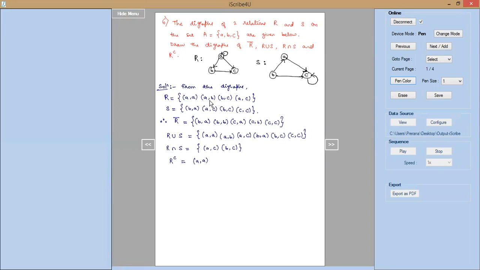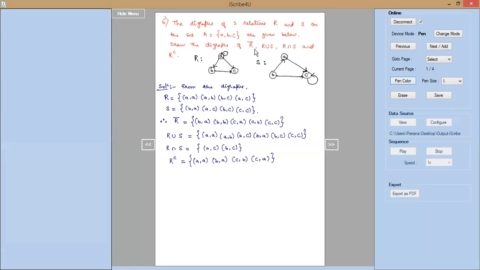If A comma B belongs to R, then B comma A belongs to R converse. If B comma C belongs to R, then C comma B belongs to R converse. If AC belongs to R, then CA belongs to R converse. So the reverse of the elements will be written in the converse of the relation. Okay? So these are our relations that we had to obtain.